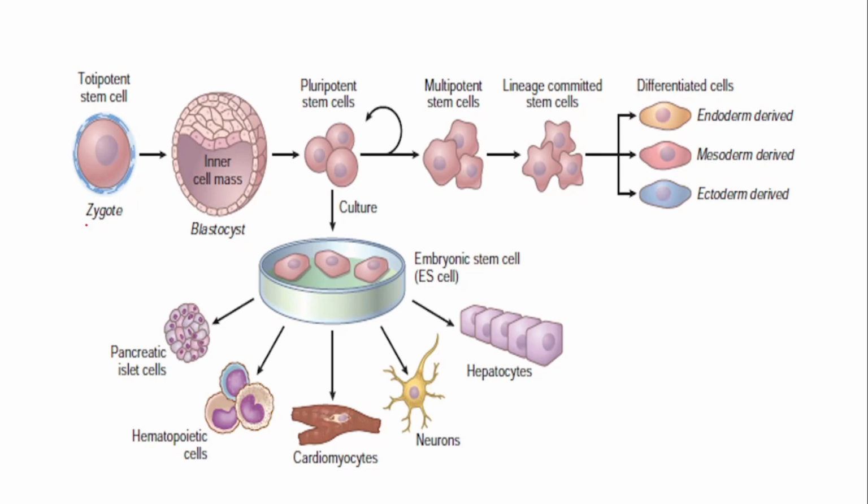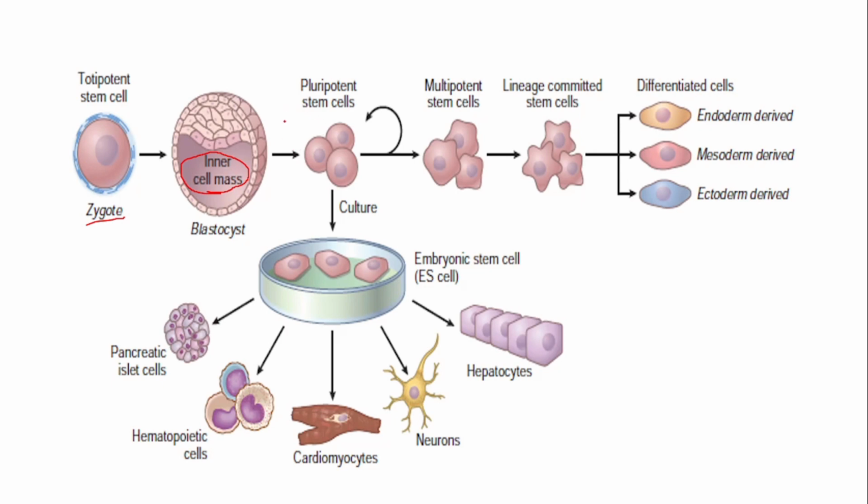So this is a zygote formed by union of an egg and a sperm. This zygote develops into a blastocyst, and this is the inner cell mass. The inner cell mass of the blastocyst develops into an embryo.